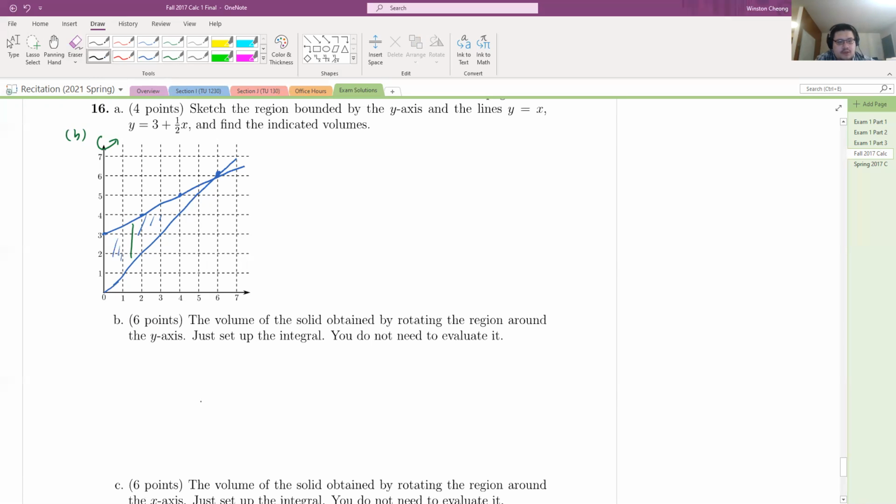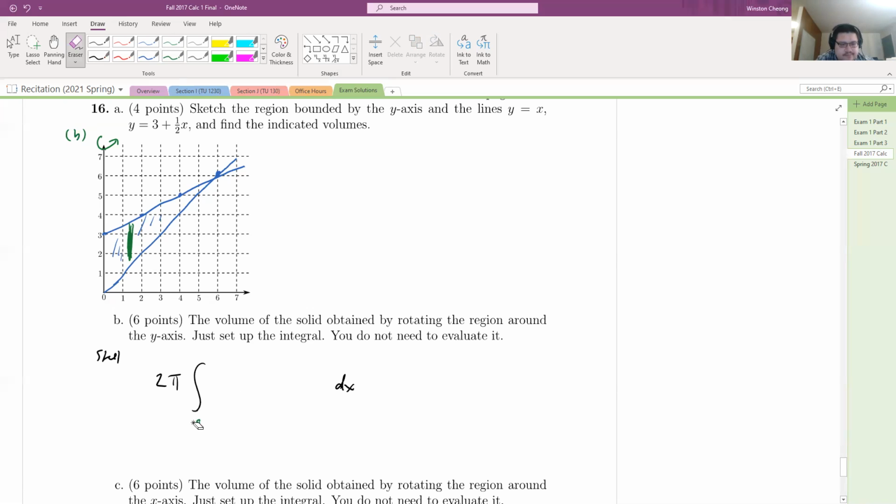Okay. So we would set up the integral using the formula for the shell method. So we have a 2 pi in the front. We have an integral. In this case, we're going to vary over x because our segment that is in green, a bit hard to see, but there it is, varies over x, going from x equals 0 to x equals 6.